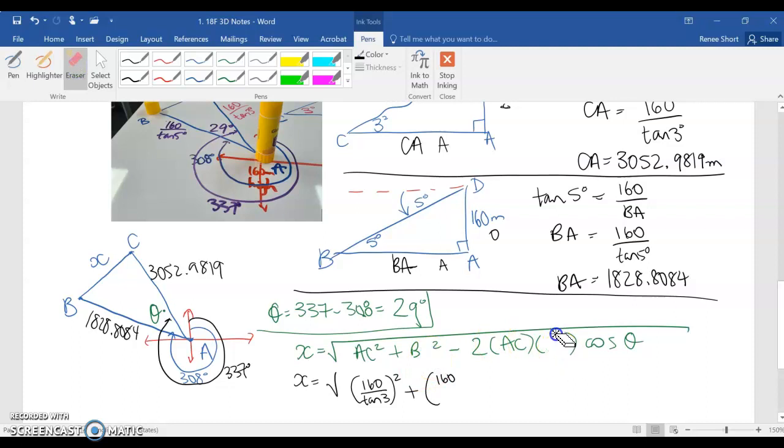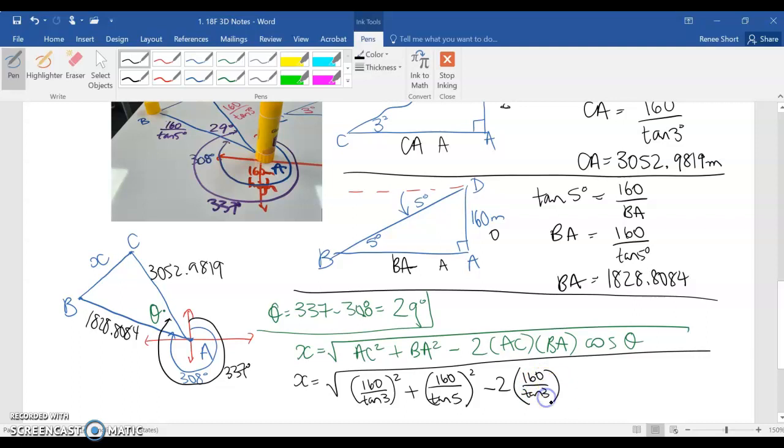I'm sorry for that. This should be BA and BA. Sorry if I confused you. 160 over tan 5, and that will be squared, minus 2 times 160 over tan 3 times 160 over tan 5, all times cos of 29 degrees.